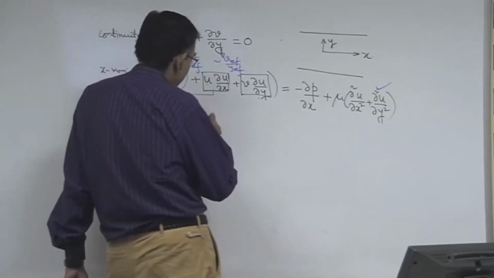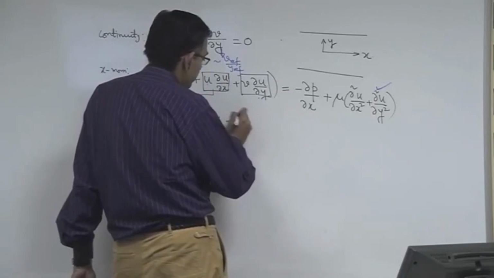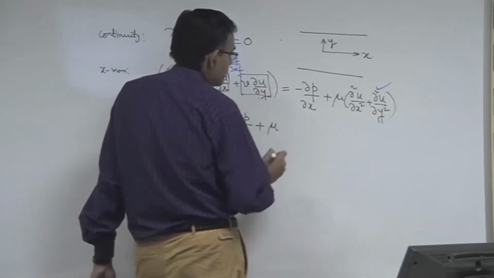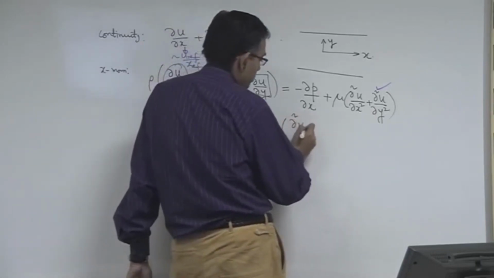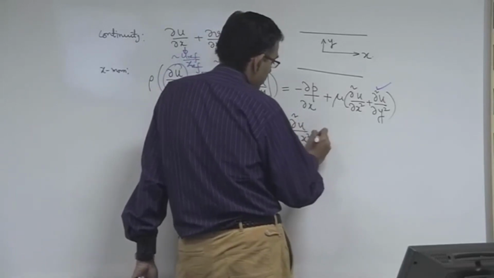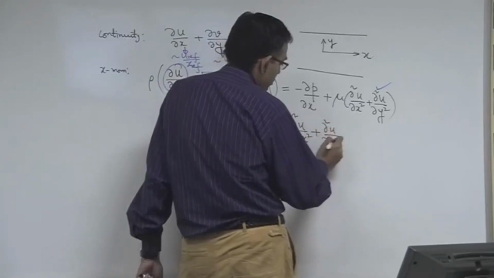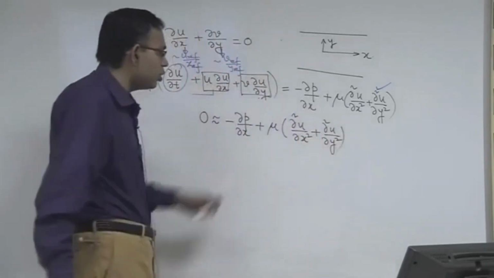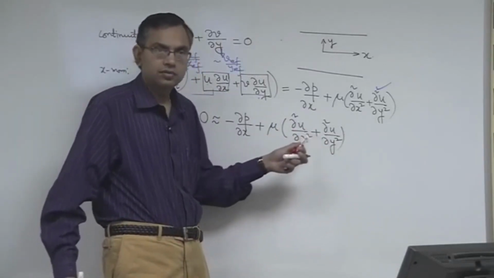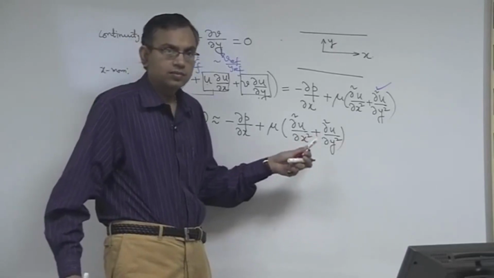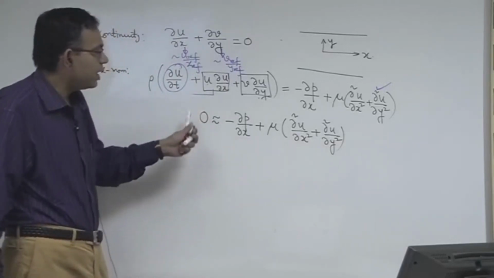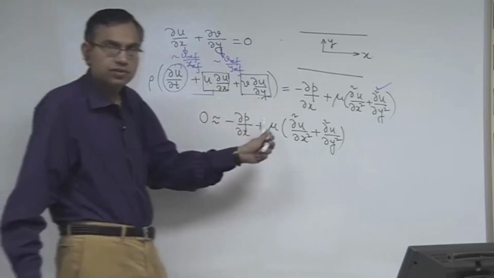So, you have 0 approximately equal to... I have purposefully retained both of the viscous terms, because it might so happen that they are equally strong, but still the left hand side can be omitted if the inertial force is negligible as compared to the viscous force.